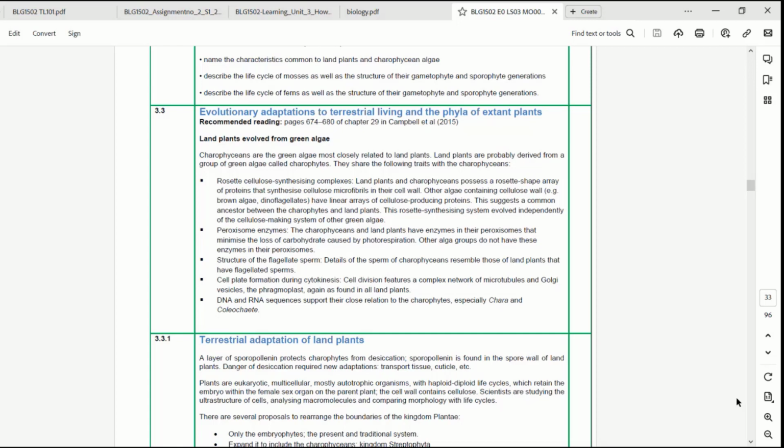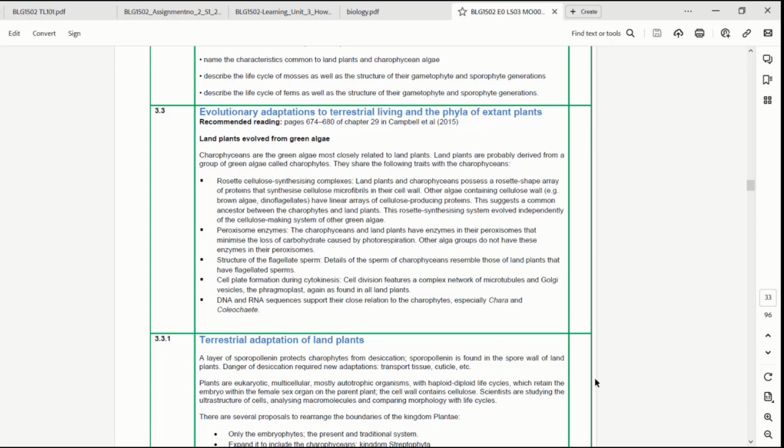The DNA and RNA sequences support their close relation to the charophytes, especially Chara and Coleochaete. The DNA and RNA sequences are tools they use after the extraction of DNA, where you find the whole genome sequence or mitochondrial genomes, which will affirm or check the differences or similarities in the gene structure.